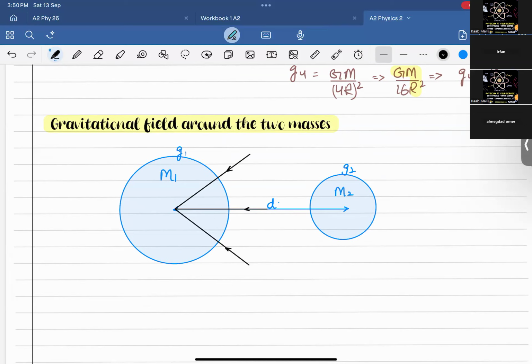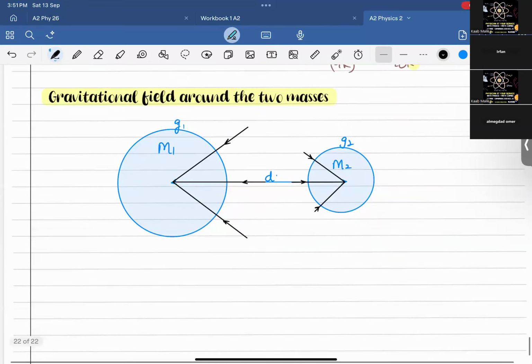For this mass m1 this is the field; for m2 we'll have a smaller gravitational field because it is a smaller mass in size. So you can see that the gravitational field lines oppose each other.